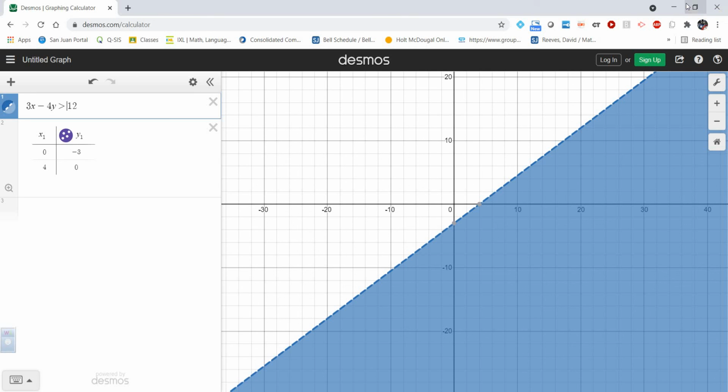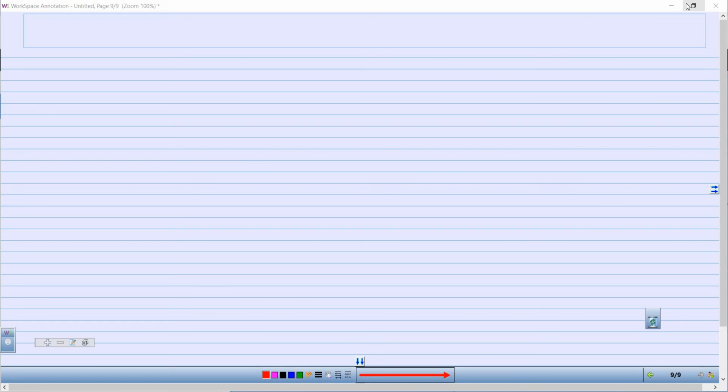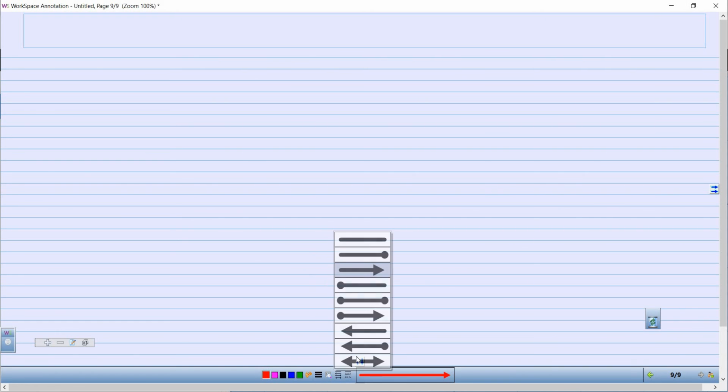Okay, so just like in the previous video, let's go ahead and look at an example. If we were doing this on paper without any technology at all, what would we do here? All right, so again, let me sketch my coordinate plane. There is my y-axis. There is my x-axis.